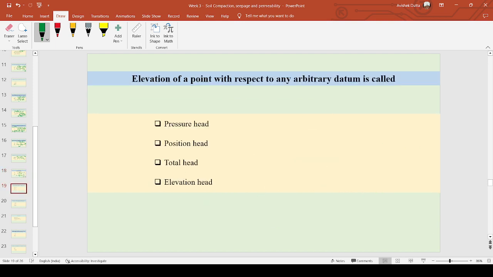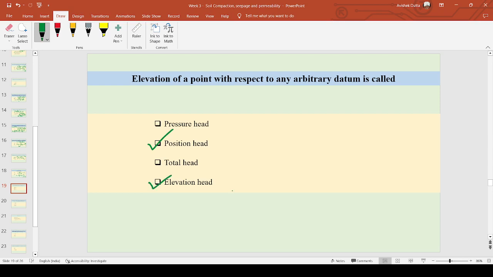C is total head. I'm asking about elevation. Total head is a summation of pressure head, datum head, and velocity head. But the head which is due to the elevation of a point, what is it called? It is called position head, and also it is called elevation head.